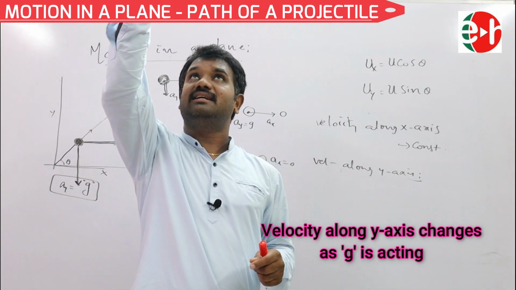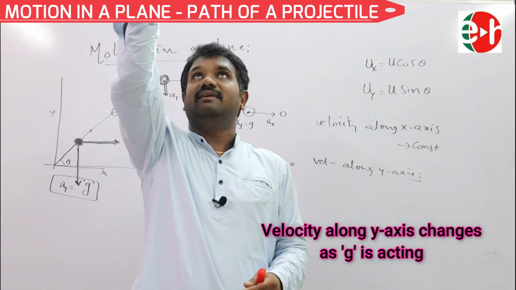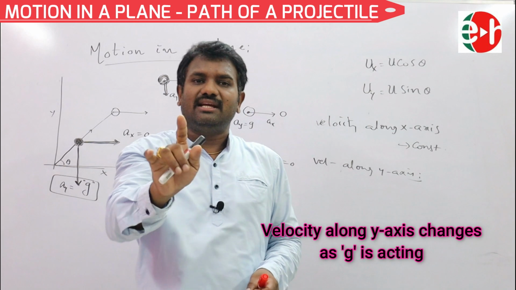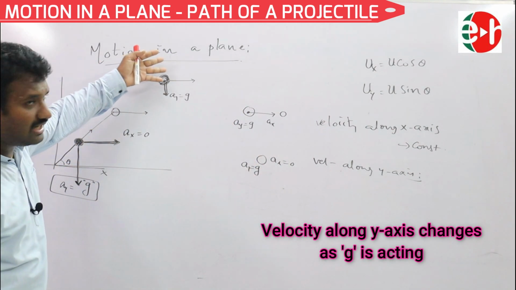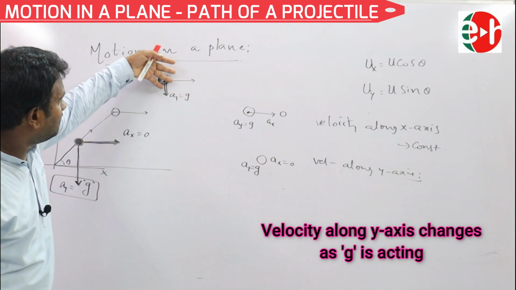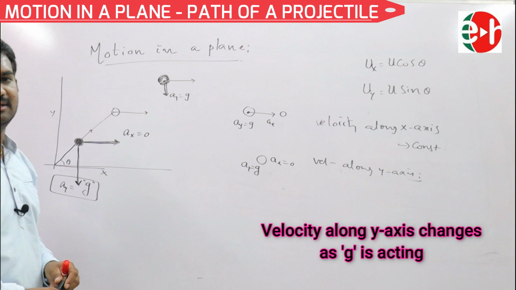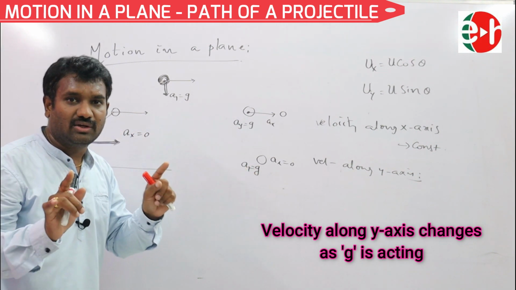The moment when it returns to the earth, its velocity gradually increases. So when it is coming down, its velocity gradually increases; when it is moving up, its velocity gradually decreases. Here also it is the same. But always the velocity along the x-axis remains constant.